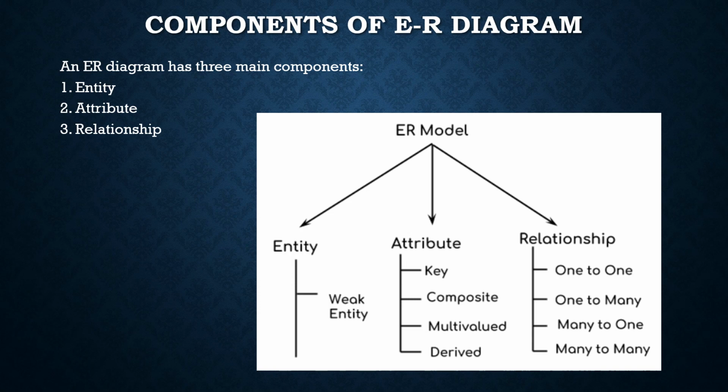In your syllabus, relationship is binary relationship, ternary relationship, and the third one is recursive relationship. So three types of relationship, but according to their approach there are four types: one to one, one to many, many to one, many to many relationship. Okay, next move on to the next slide.